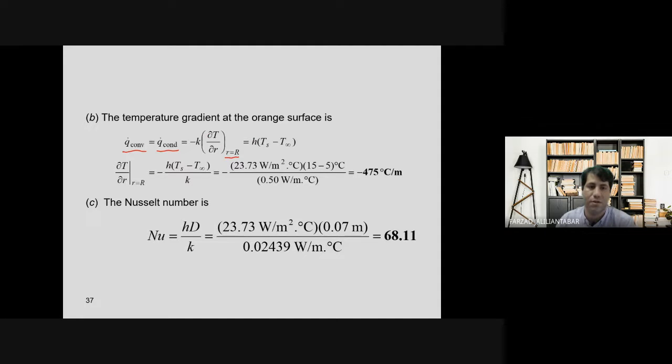If we substitute Q dot by convection, then if we rearrange this equation, this partial of temperature with respect to R will become H times TS minus T infinity divided by K. We have calculated already TS, we have T infinity, 15, 5, and K from the table.